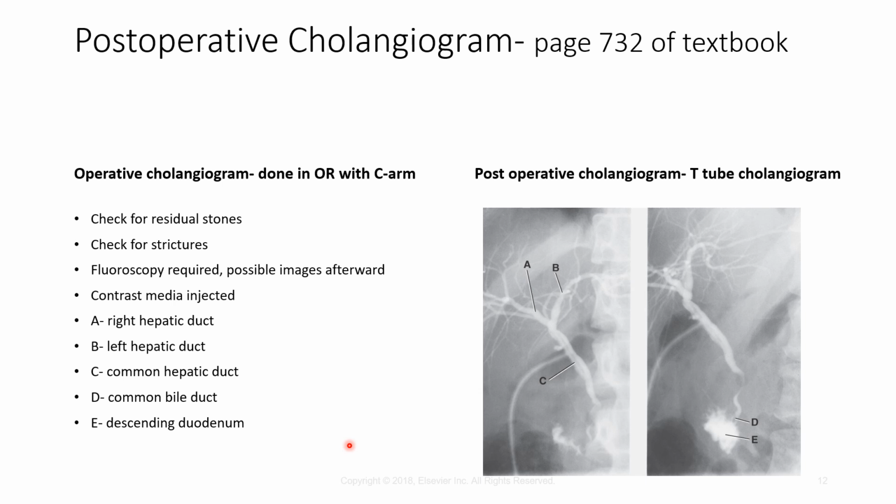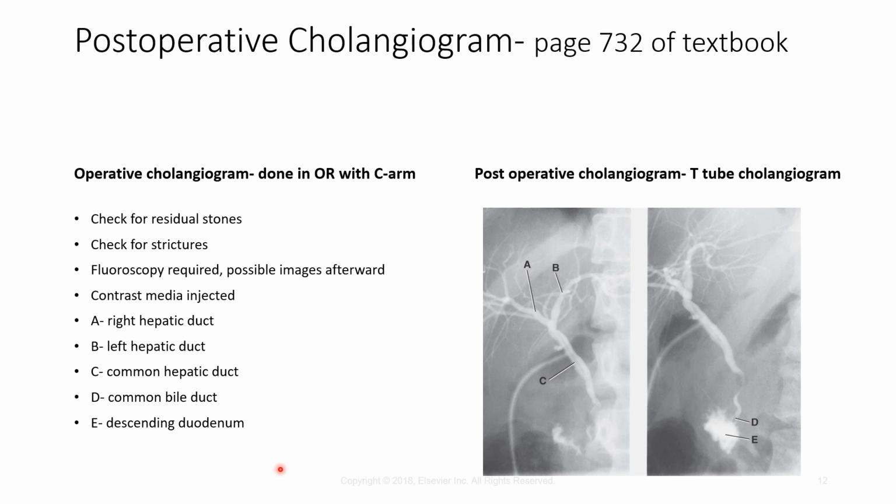So if that's the case, they can place what's called a T-tube catheter into the common bile duct during the cholecystectomy. So when they're taking the gallbladder out, they can put this flexible T-tube catheter into the common bile duct.